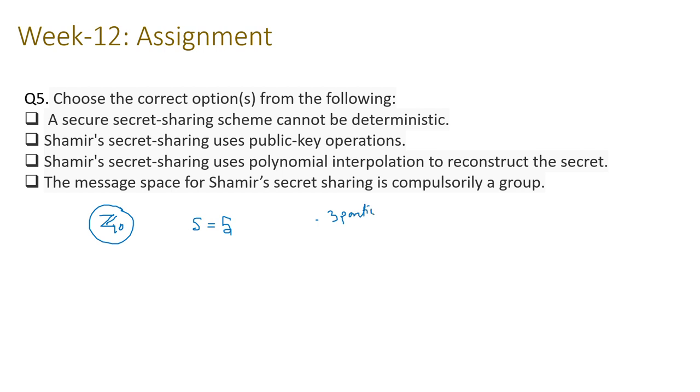What additive secret sharing does is that first it chooses 2 shares uniformly randomly from Z10. Let's say S1 is 4. So the first time you run the algorithm, you get S1 as 4, randomly generated, so there is randomness involved. Then you sample another random value from Z10. Let's say this value selected is 6.